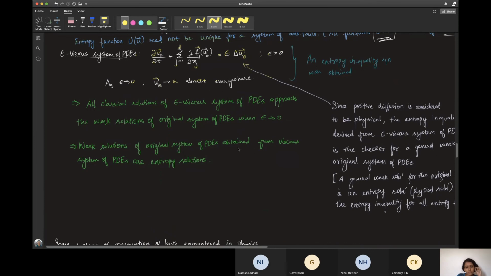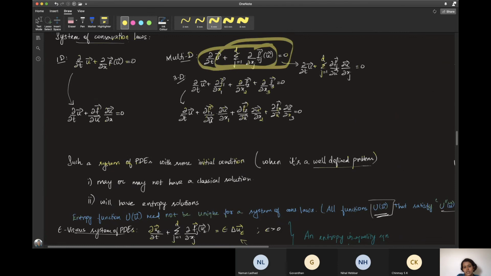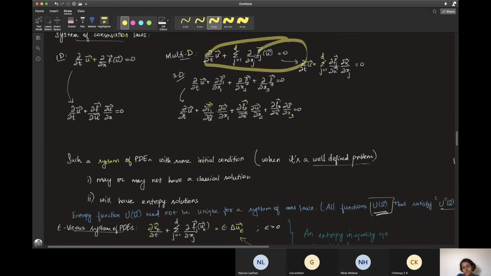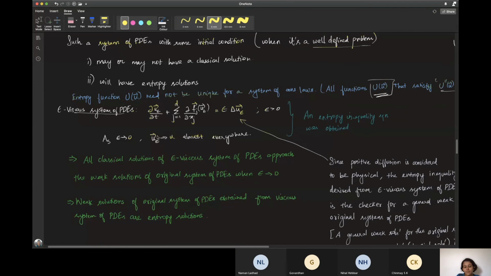Also, for the original system of PDEs, you may or may not have a classical solution, and you may have multiple weak solutions. The classical solutions of the viscous system will approach some specific type of weak solutions.